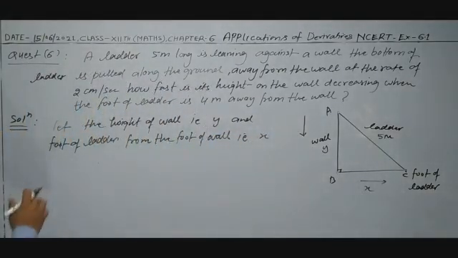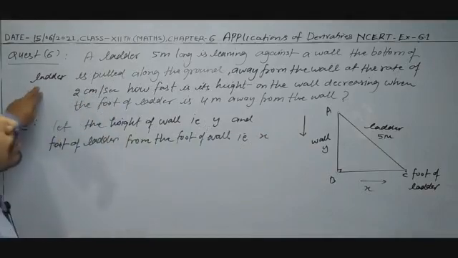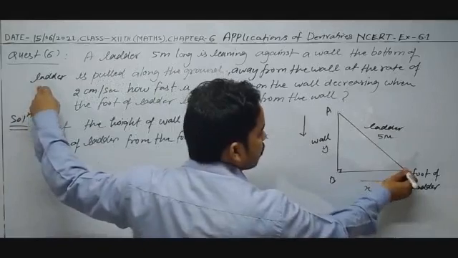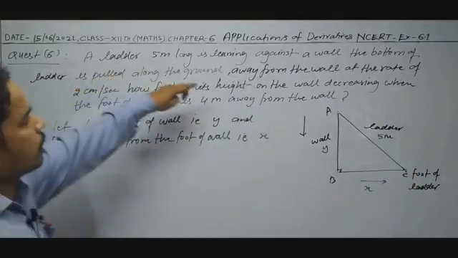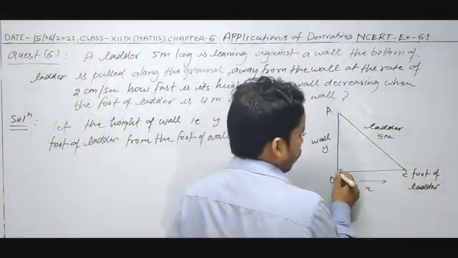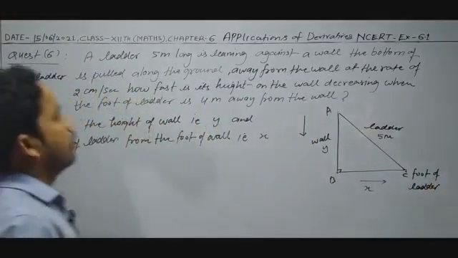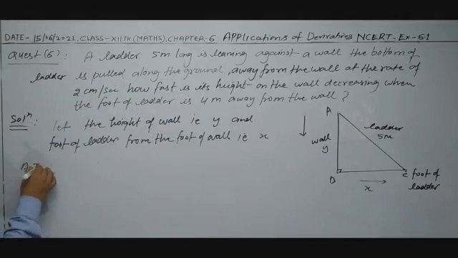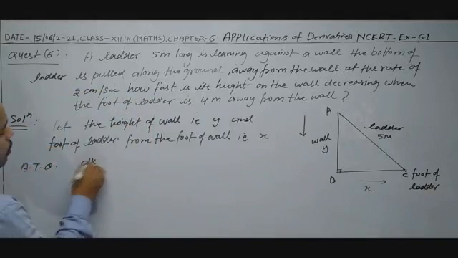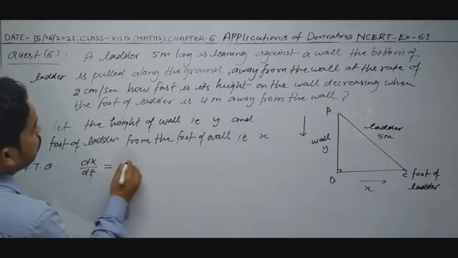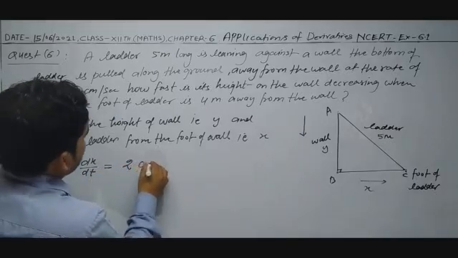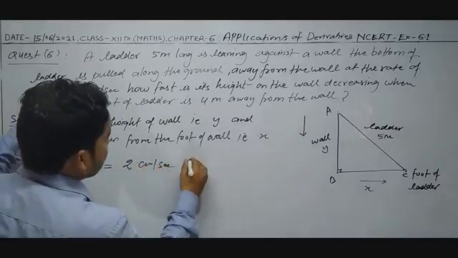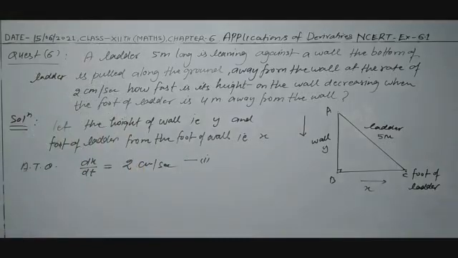Means according to question, the bottom of the ladder is pulled along the ground away from the wall at the rate of 2 centimeter per second. Means dx upon dt is equal to 2 centimeter per second. Consider equation 1. This is given.